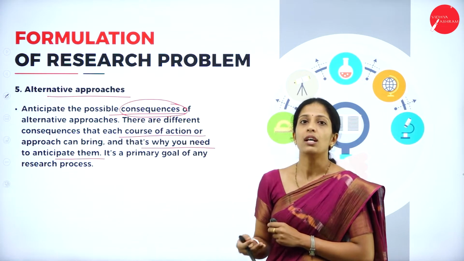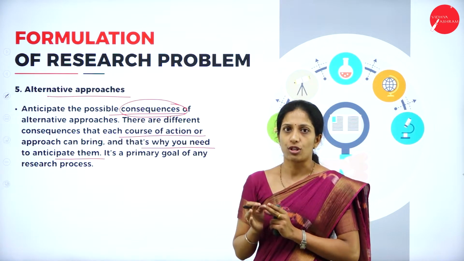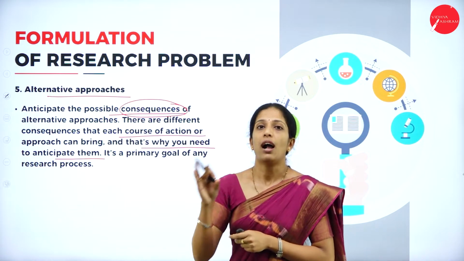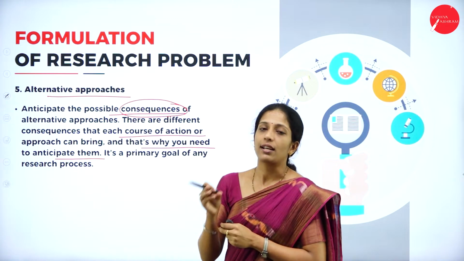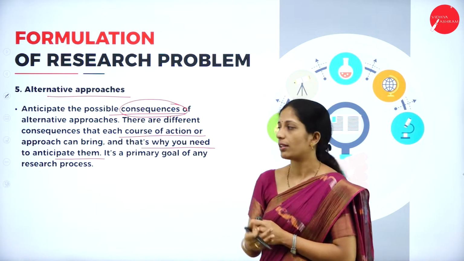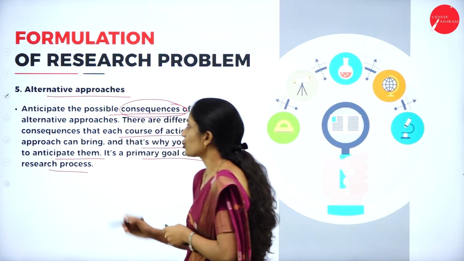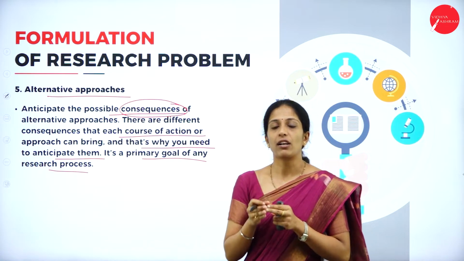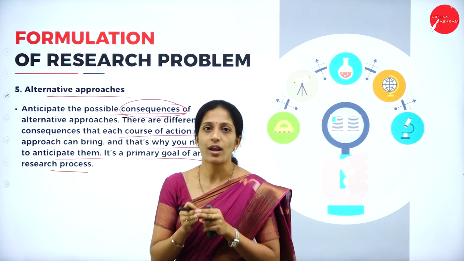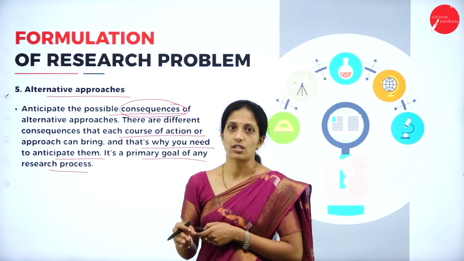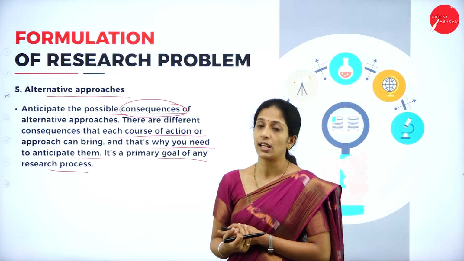Instead of depending on a particular solution, we have to go through alternative approaches so that it will be easy for us to solve the problem. It is the primary goal of any research process. So instead of depending on any one activity, we have to undertake alternative procedures or alternative options.